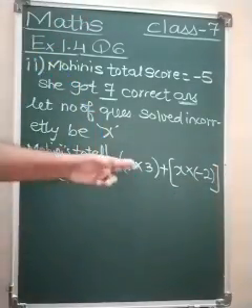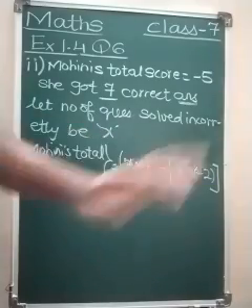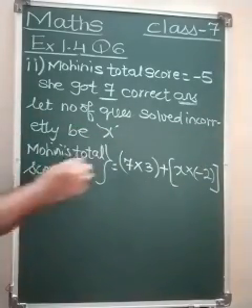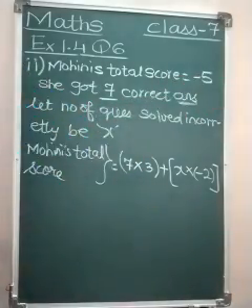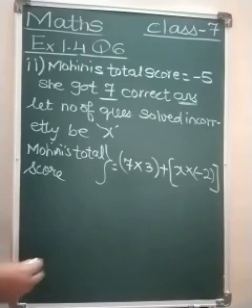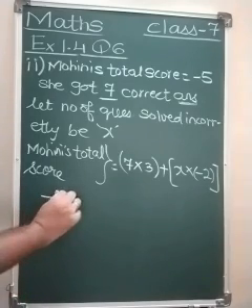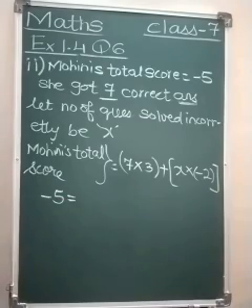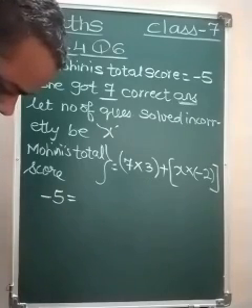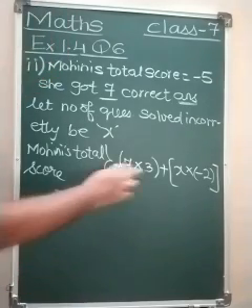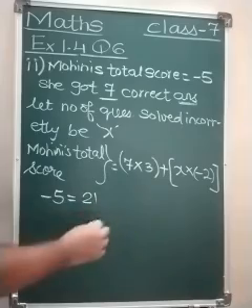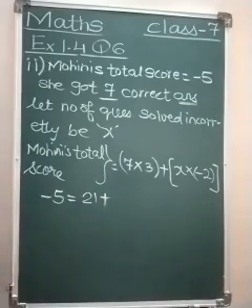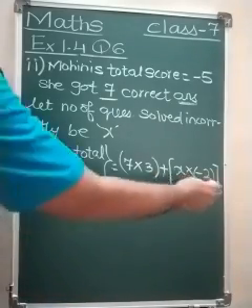So 7 multiplied by 3 plus x into minus 2. How much is her total score? Mohini's total score equals minus 5. So here we write minus 5 equals 7 3s are 21, plus x into minus 2.